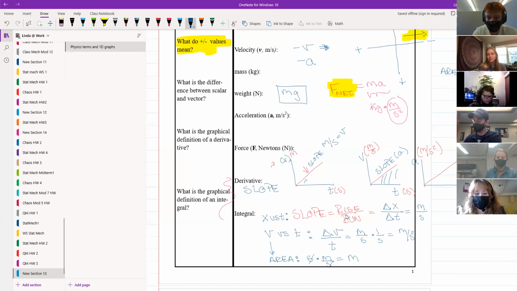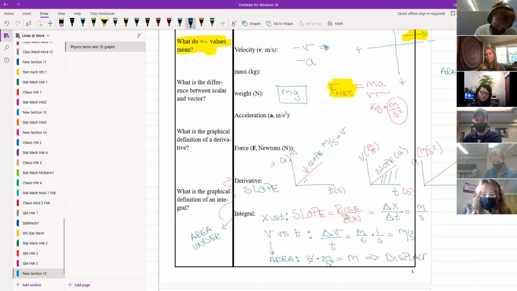So this area here, my integral, is the area under the curve. And so my integral here gives me displacement. We use these fancy symbols that look like this.